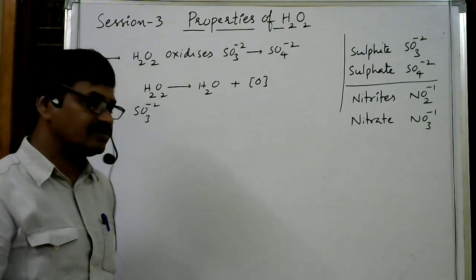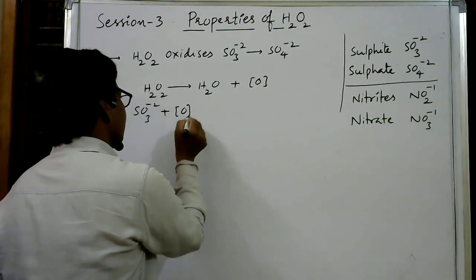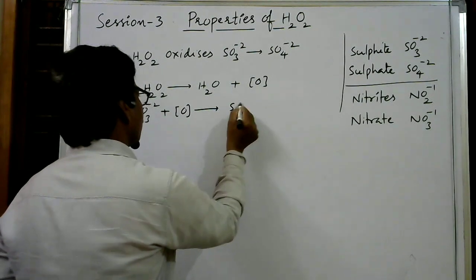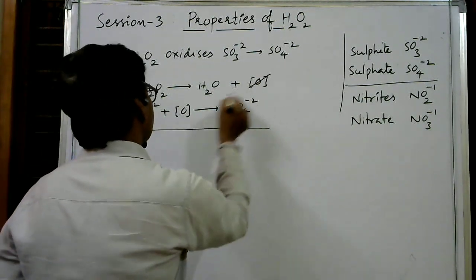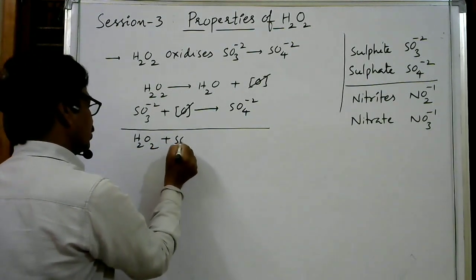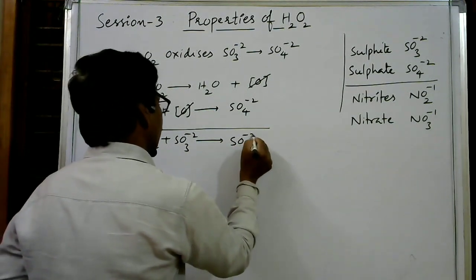Like that the reactions are written. But here we can directly write this nascent oxygen. So SO3 minus 2 to SO4 minus 2. So this is the reaction. These two get cancelled. H2O2 plus SO3 minus 2 gives rise to SO4 minus 2 and H2O.